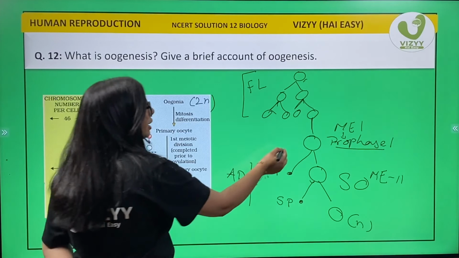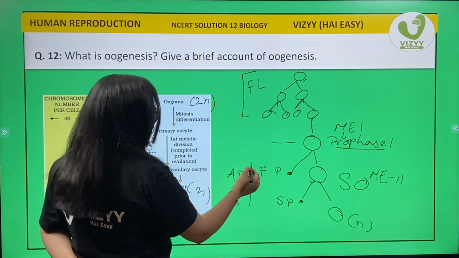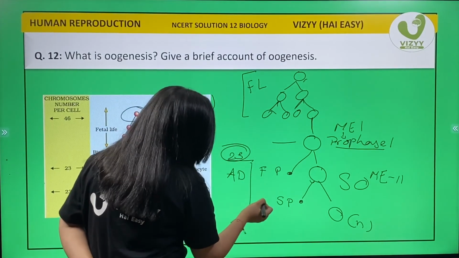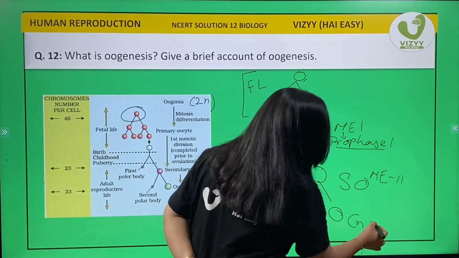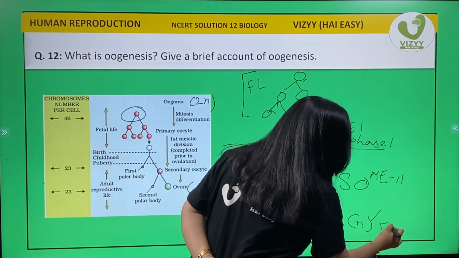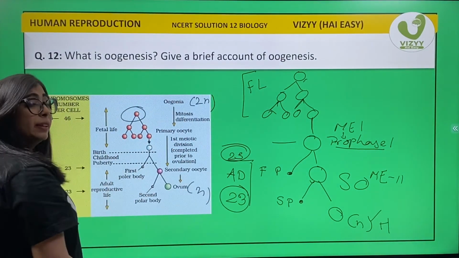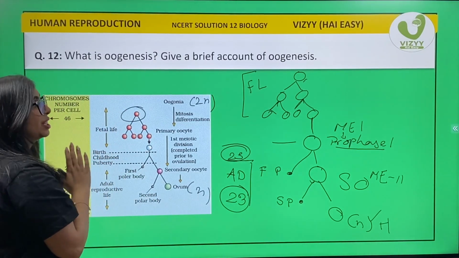At this stage there would be 23 chromosomes, and again 23 chromosomes, therefore n, and this is haploid in nature. Okay, students, are we clear? So this is the process of oogenesis.